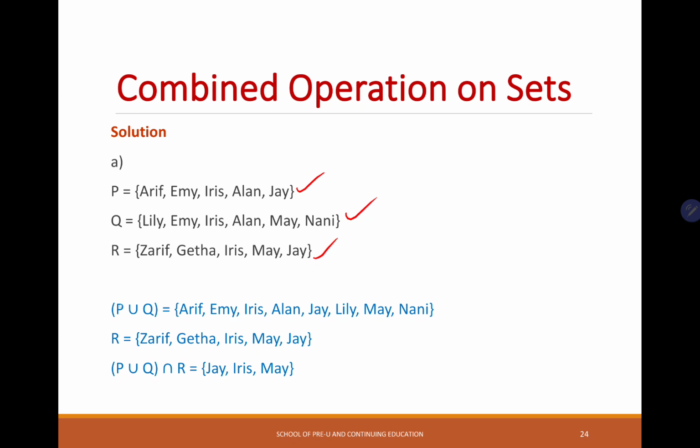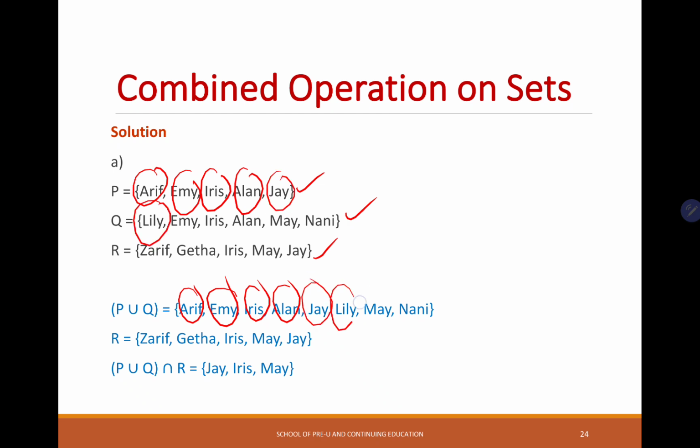So find the union of P and Q. We have Arif, Emmy, Iris, Ellen, J, Lily. We already put Emmy here, we also put Iris and Ellen. We don't have May yet, so put May. Then Nani, put Nani.